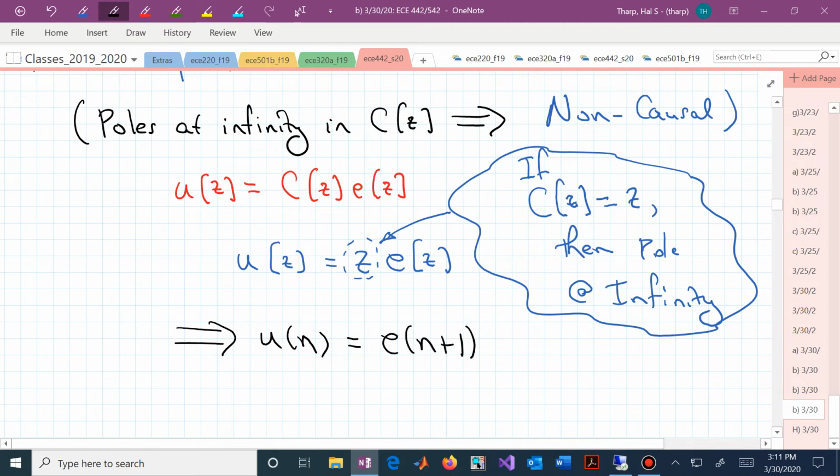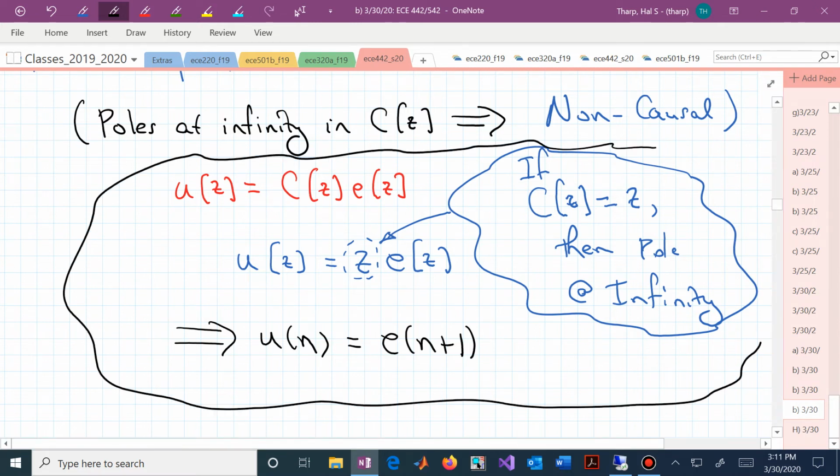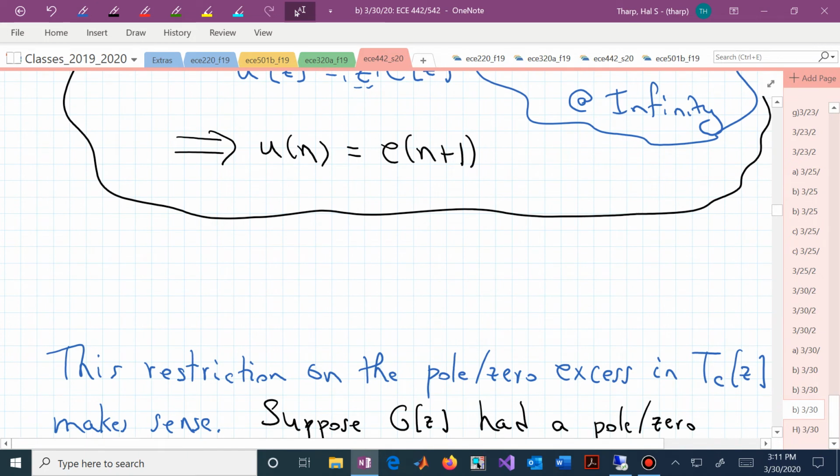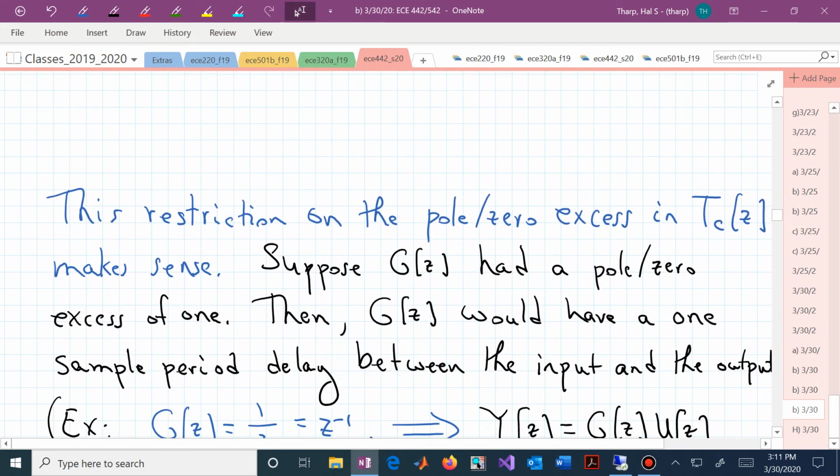That now basically says, or would require, that the present input to the plant needs to actually be equal to a future error signal. So somehow we're able to tell the future in a non-causal controller, and that's not going to happen. So we have to make sure not to request the impossible, and that's where restriction 1 is coming from. So this restriction on the pole zero excess in capital T sub C of Z makes sense.